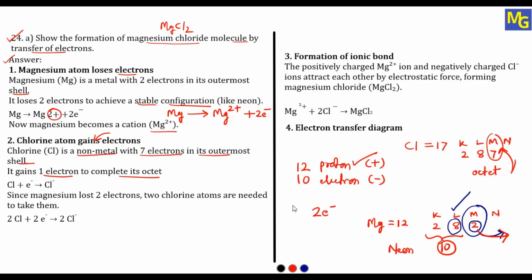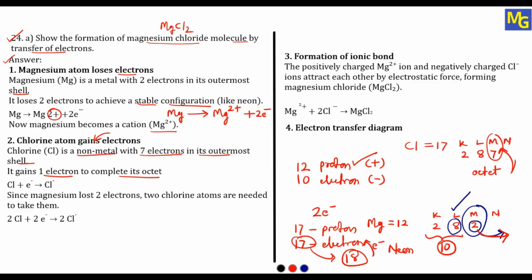Cl has 17 protons, that is 17 positive charges, and 17 electrons, that is 17 negative charges. So once it takes one extra electron, the electrons will become how many? 18. And if you now compare with the positive, that is protons, electrons are more. Therefore, Cl will get a negative charge.